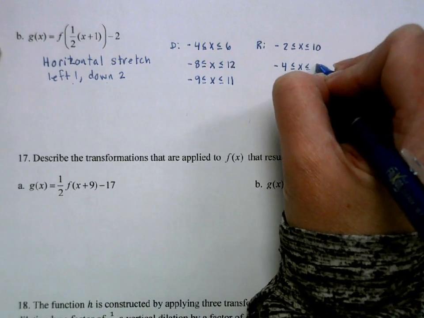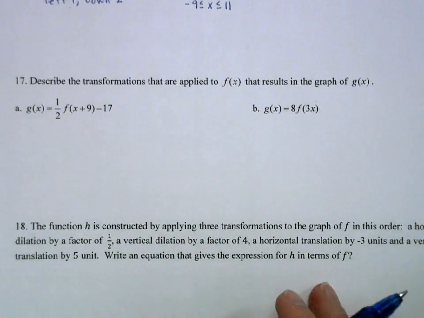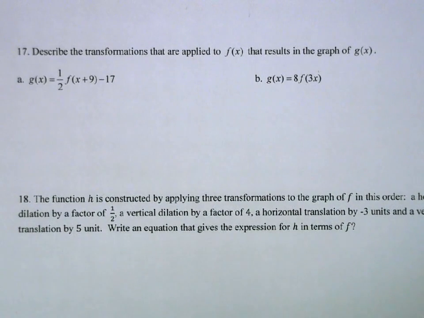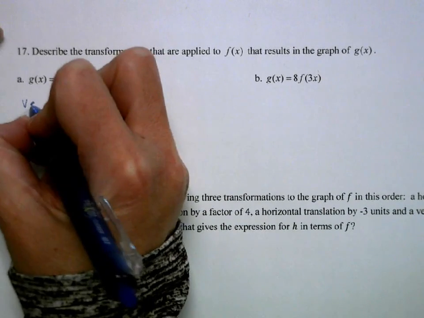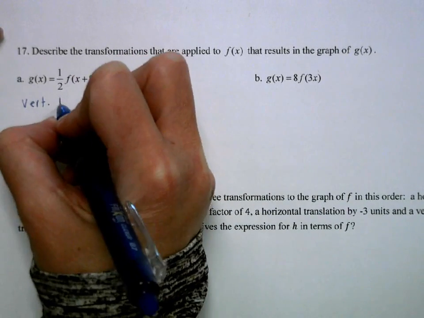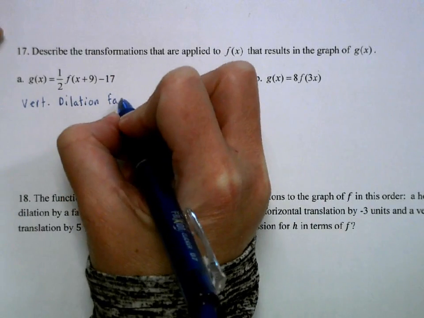And we've kind of been doing this along the way, but we're going to do it again. Describe the transformations. So this is going to be a vertical dilation, I'm just going to abbreviate, by factor 1/2. We are going, I'm just going to call this a horizontal translation.